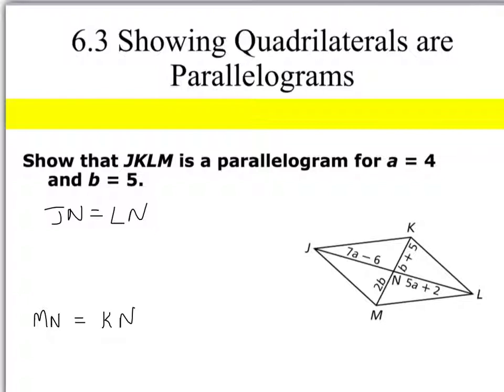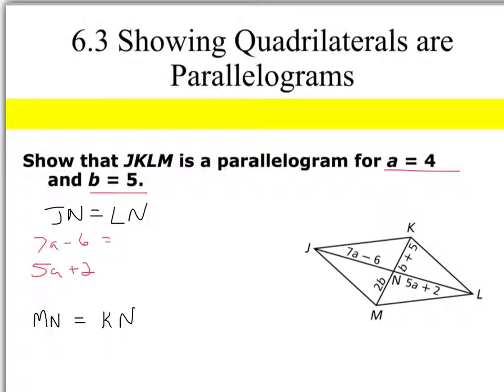Okay, so what we do is we plug in A equals 4 for both equations and B equals 5. So for JN, we have 7A minus 6. For LN, we have 5A plus 2. Okay, so what is A?